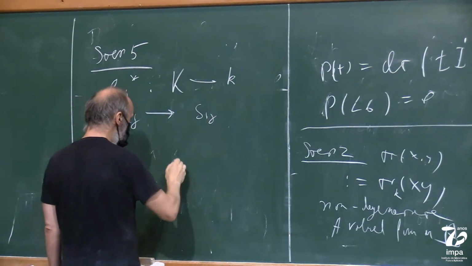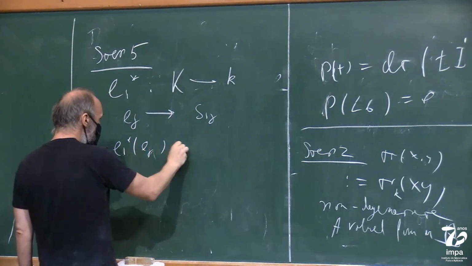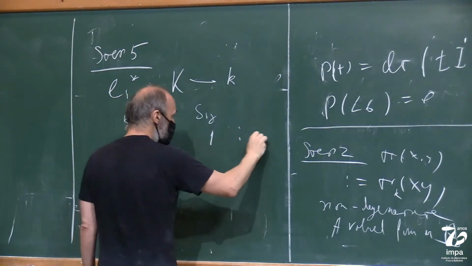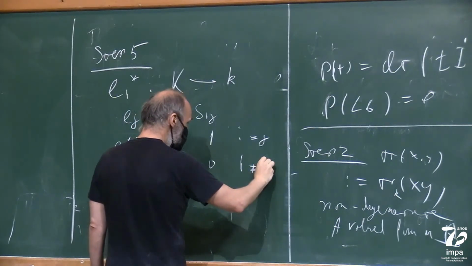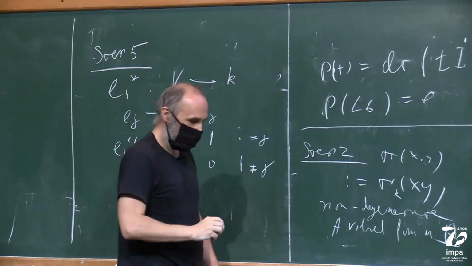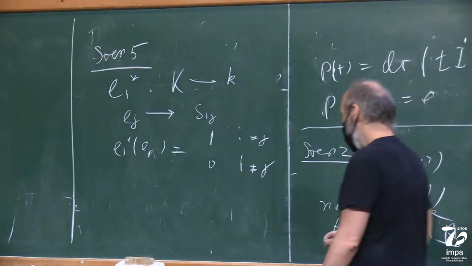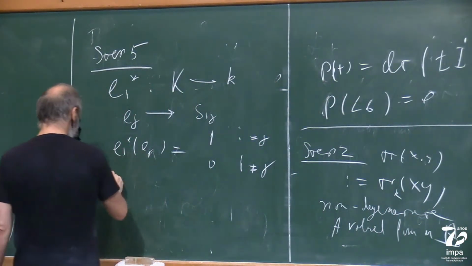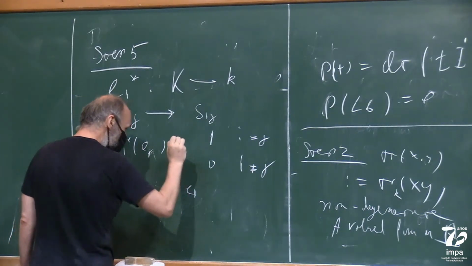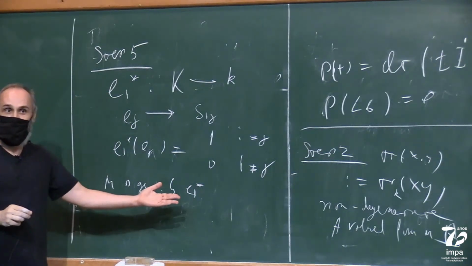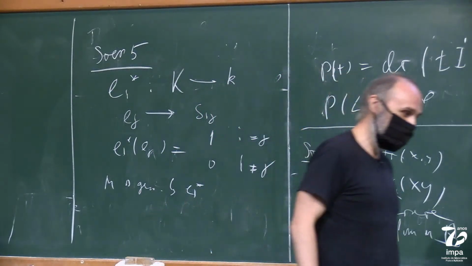So in other words, Ei star of Ej is equal to 1 if i is equal to j, and 0 if i is not equal to j. This is well defined. And moreover, M is generated by Ei star.